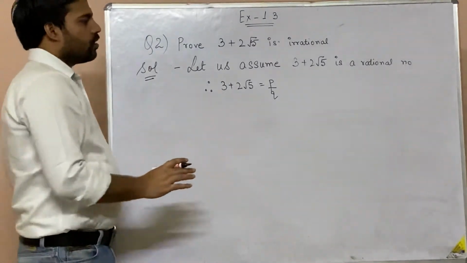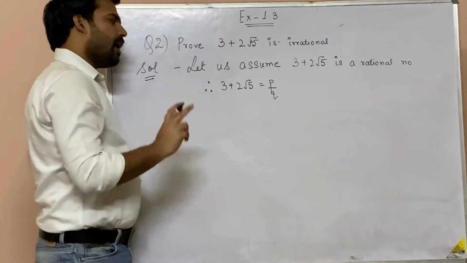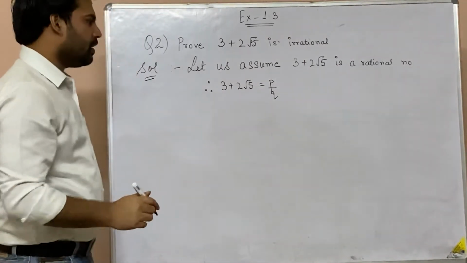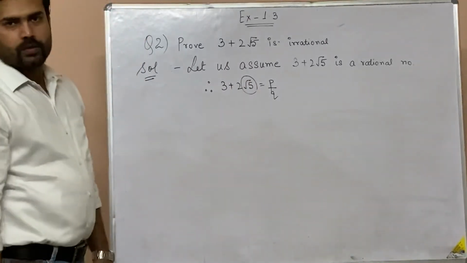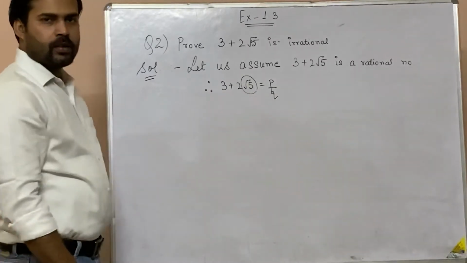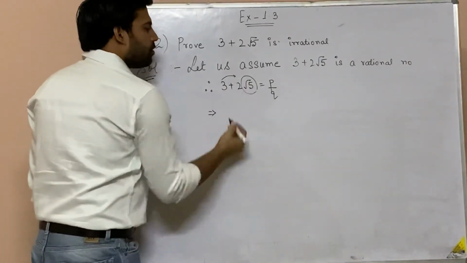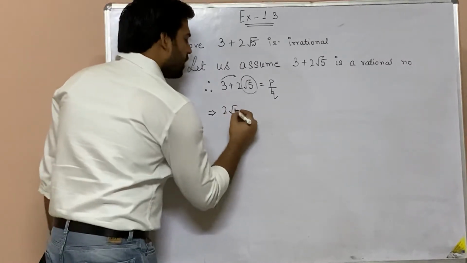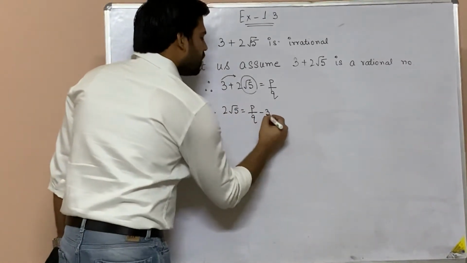Now for every other question you will approach in a similar manner. After that, your target should be to separate out this square root and take every other number to the other side. First, we will take 3 to that side. That is 2 root 5 is equal to p upon q minus 3.